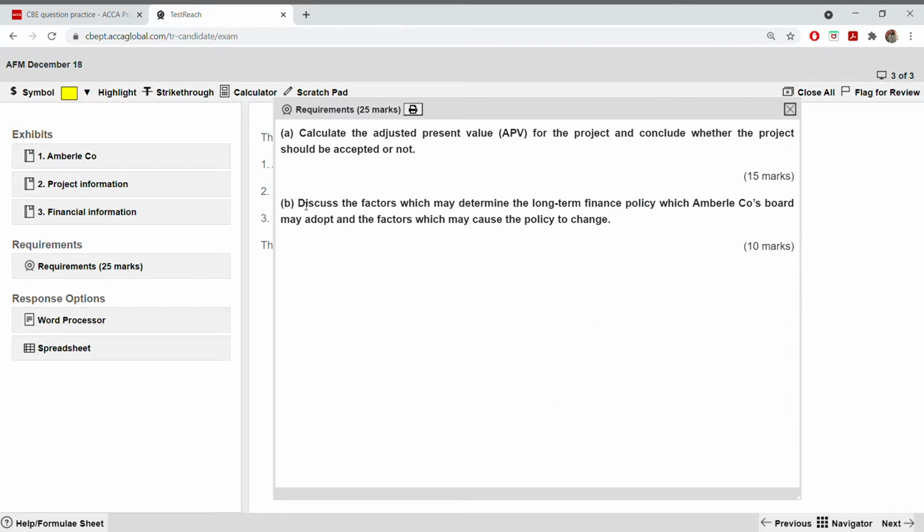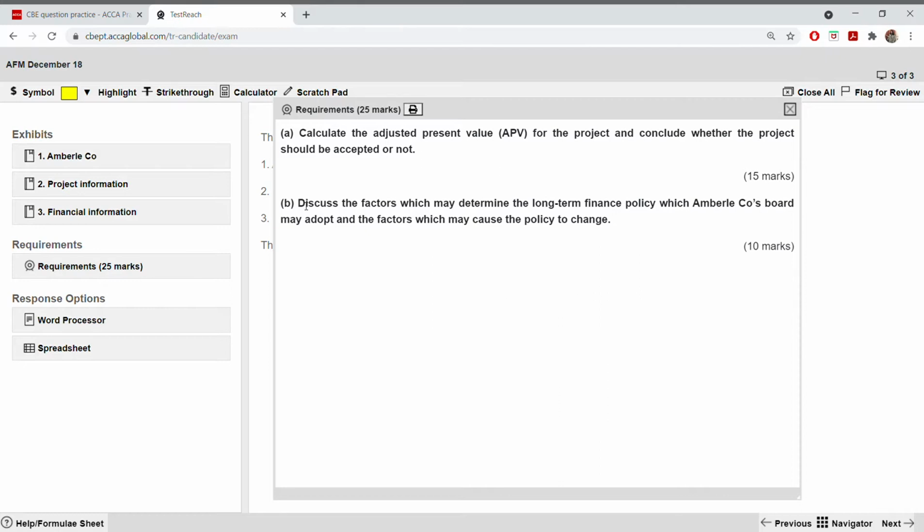Calculate the adjusted present value for the project and conclude whether the project should be accepted or not. Even though they say calculate adjusted present value, it still means you have to calculate the net present value, because without calculating your net present value, you cannot calculate adjusted present value. So you have to be good at calculating net present value.